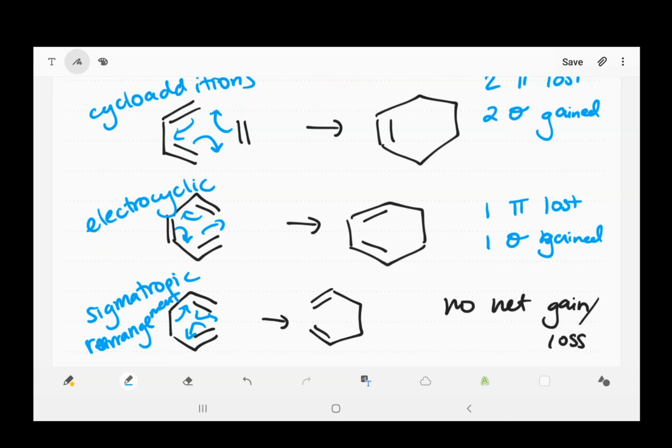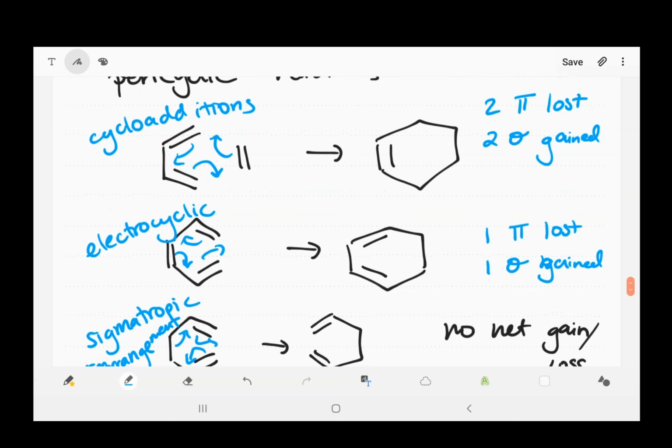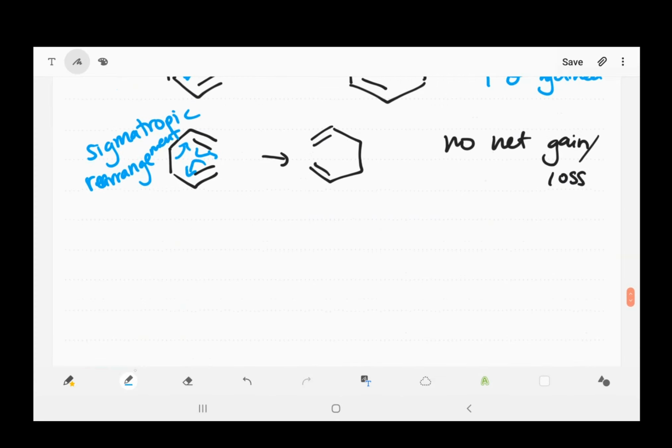So cycloadditions, again, you'll have 2 pi bonds lost in the process of a cycloaddition, and you will have gained 2 sigma bonds. If we take a look at something like this, again, I'm going to redraw the same thing.